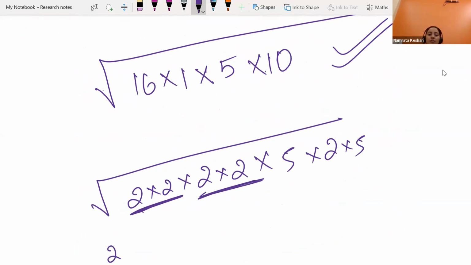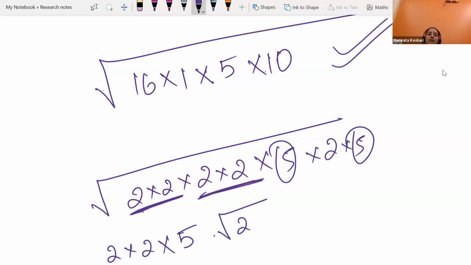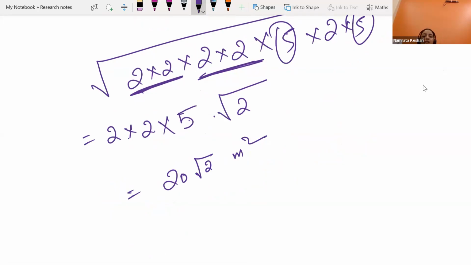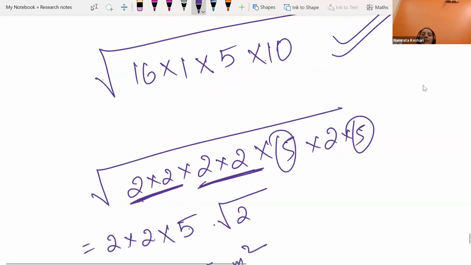This number is in pair, 1 more 2 will come out with multiplication sign. 5 is also there, that is in pair, so 5 will come out with multiplication sign. And what got stuck inside the root? Root 2 will be there. If we do the multiplication, 2 times 4, 5 times 20, we are getting 20 root 2 meter square. Is it clear? Yes, Sarah, is it clear? Yes, ma'am.